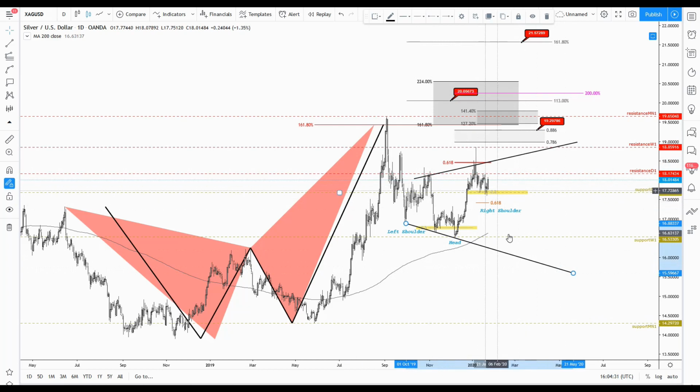If that happens, that will take some time to process, and eventually that's a top here, and eventually we will see the price falling and searching for new supports below at that trend line.